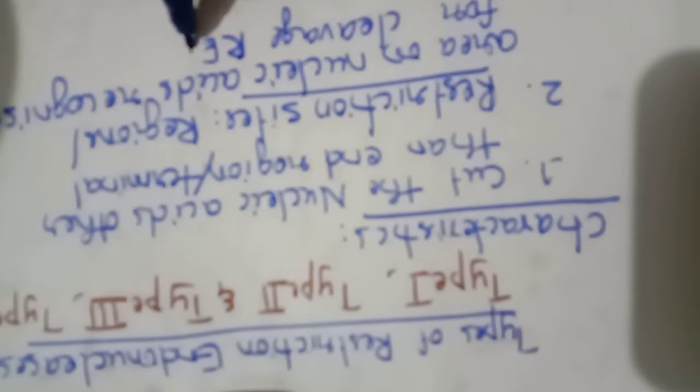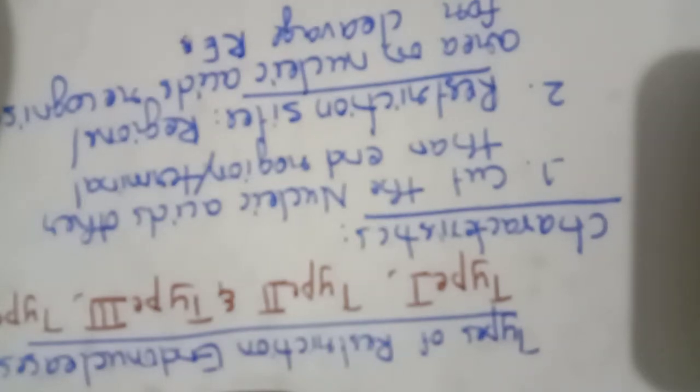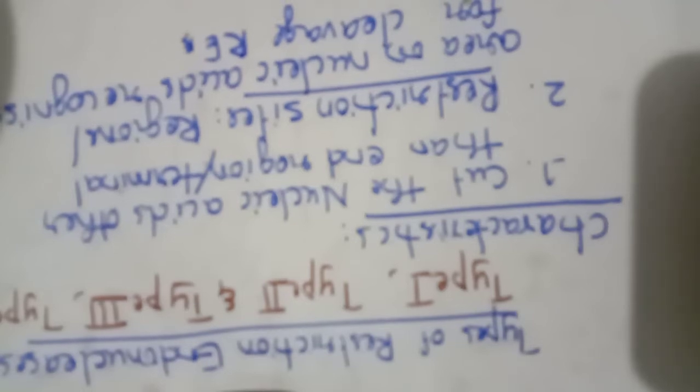Okay, so restriction sites are the regions or areas of nucleic acid that are recognized for cleavage by restriction enzymes. The restriction site is also known as the recognition site.